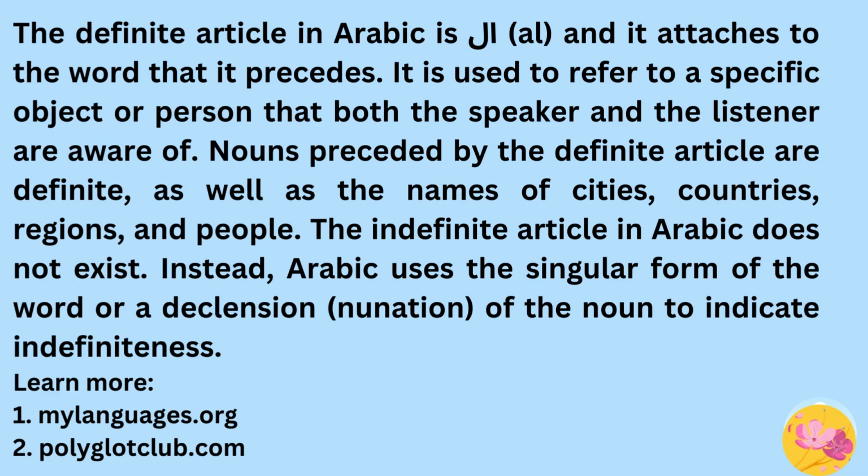The indefinite article in Arabic does not exist. Instead, Arabic uses a singular form of the word, or nunation of the noun, to indicate indefiniteness. You may go through the links given below and learn more about articles.